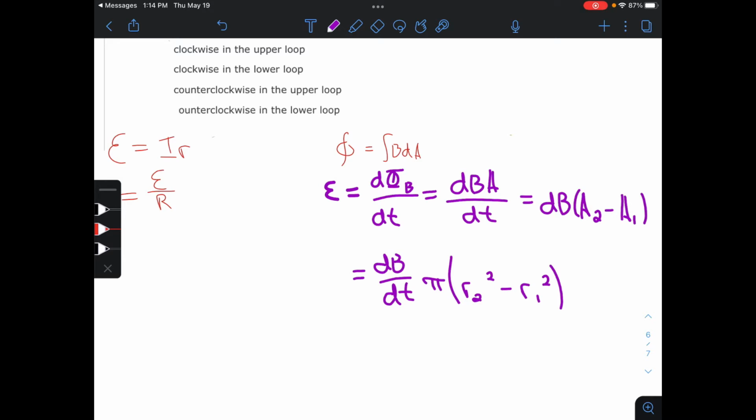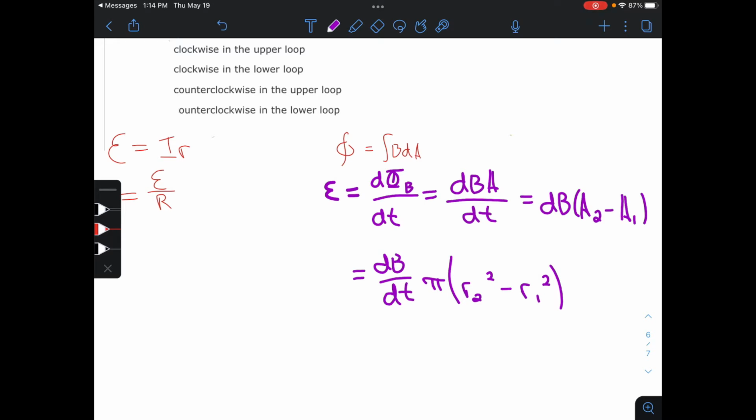Now, the change in field times the difference of the areas. I believe that's what we have to do here. And in terms of the areas of circles, it's pi r squared, so now we're subtracting the areas of the circles.